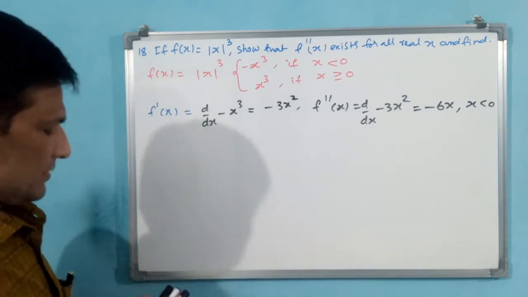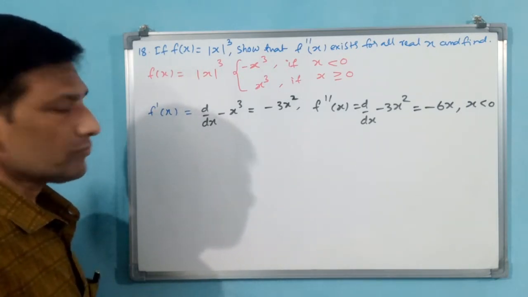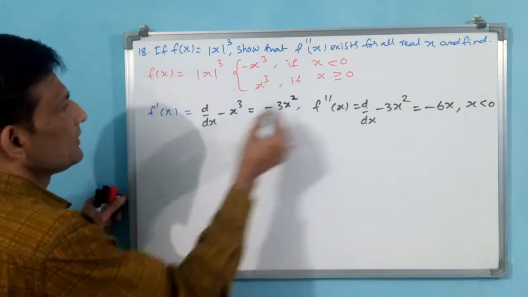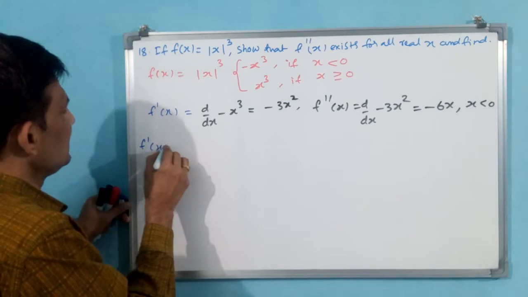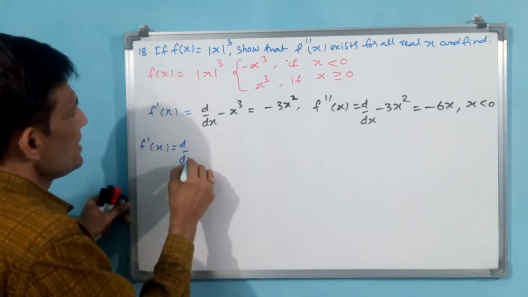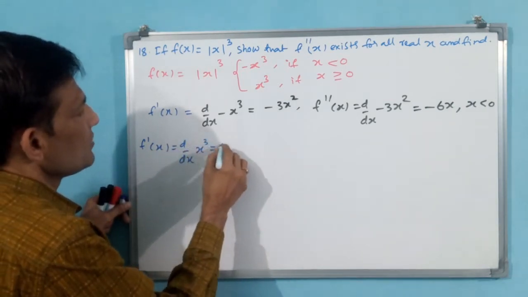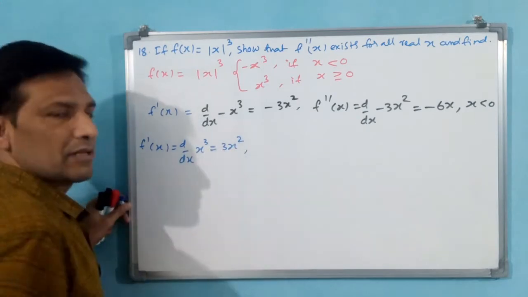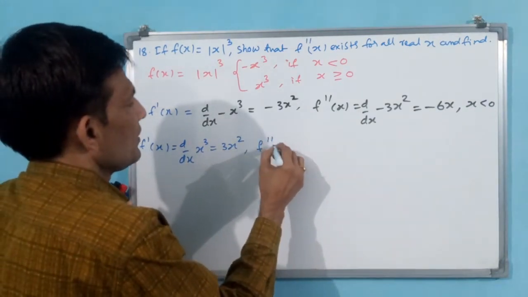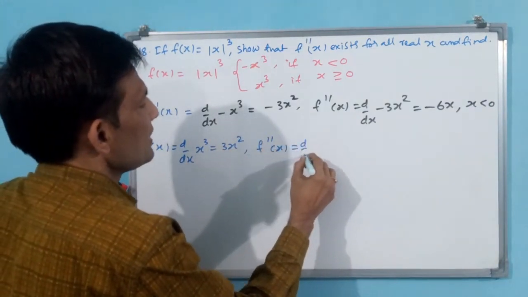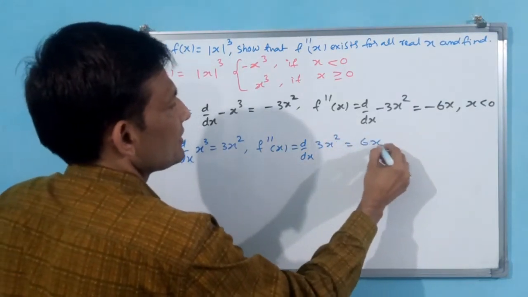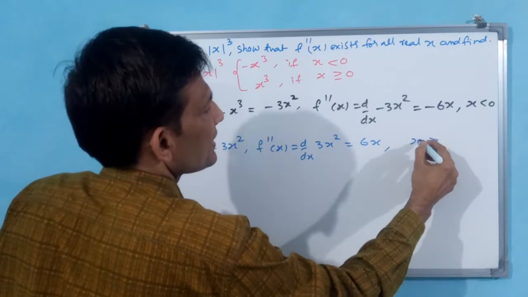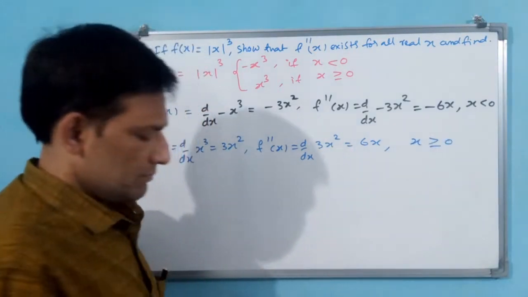Then write down for when x is greater than or equal to 0: f dash x is equal to d by dx of x cube, that is equal to 3x square, comma f double dash x is equal to d by dx of this 3x square, 6x, where x is greater than or equal to 0.